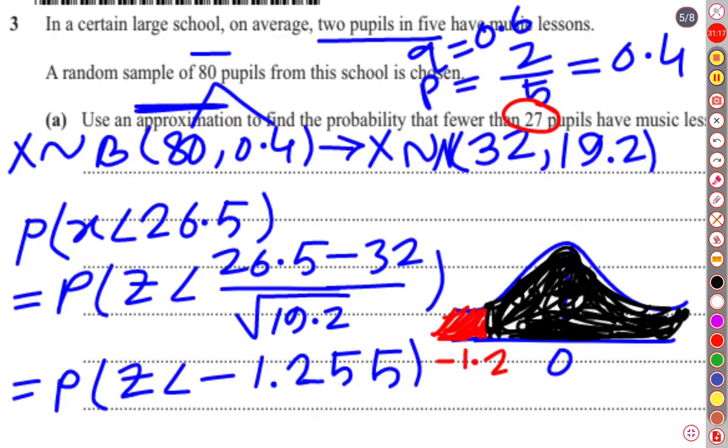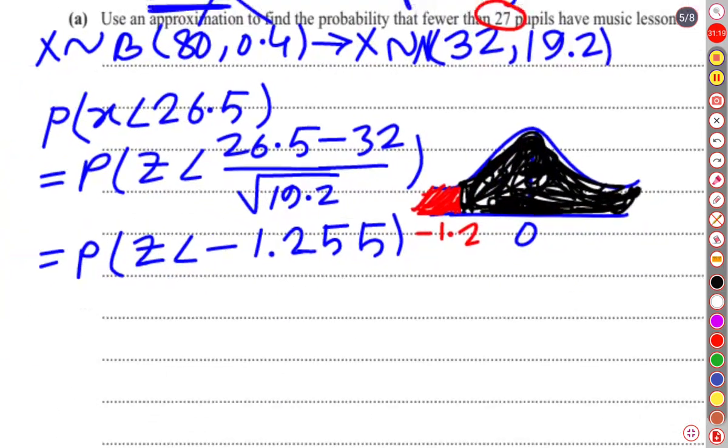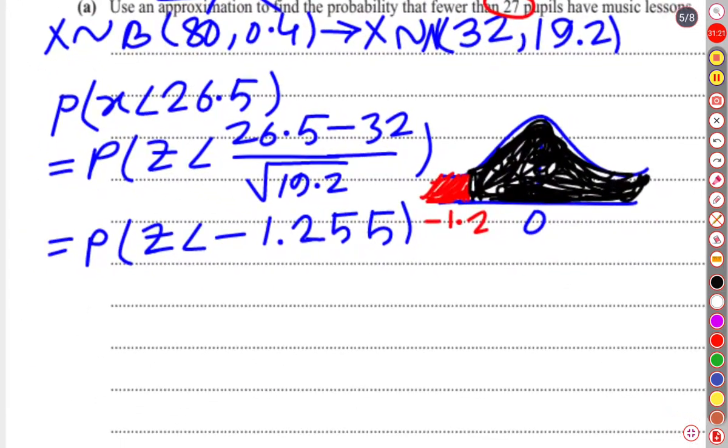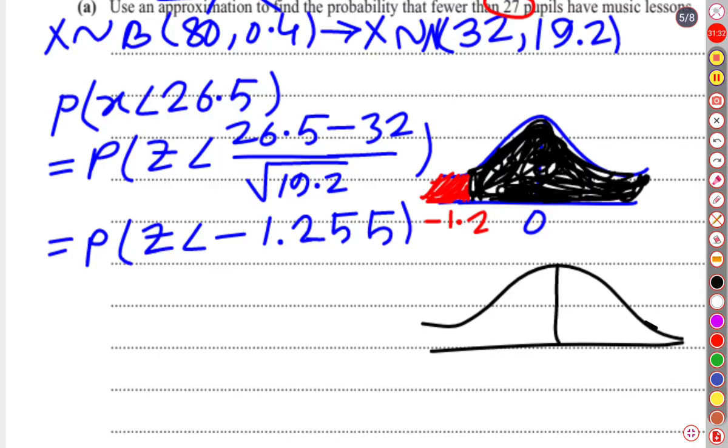I'm drawing one more graph exactly like this. We require the red shaded part, and the red shaded part can be over here also, because the normal distribution graph is always symmetrical. So the red portion we have shifted to the right side, and the black shaded part is this part.